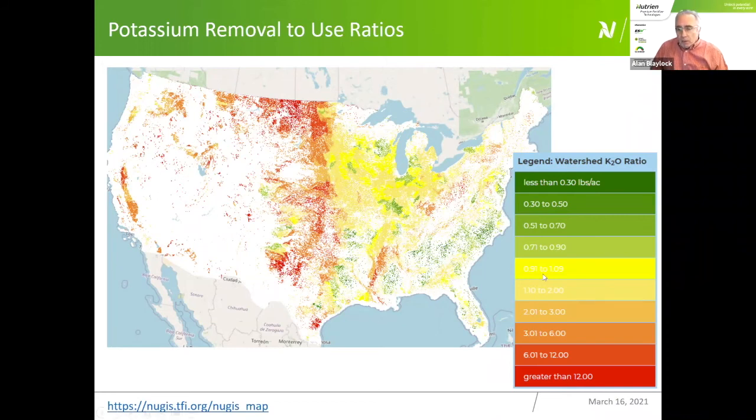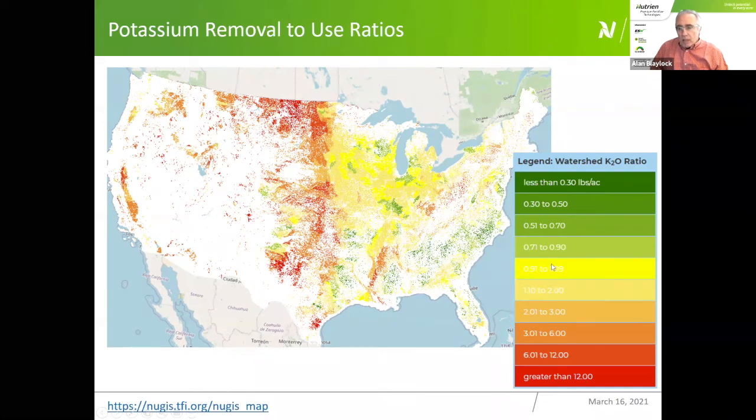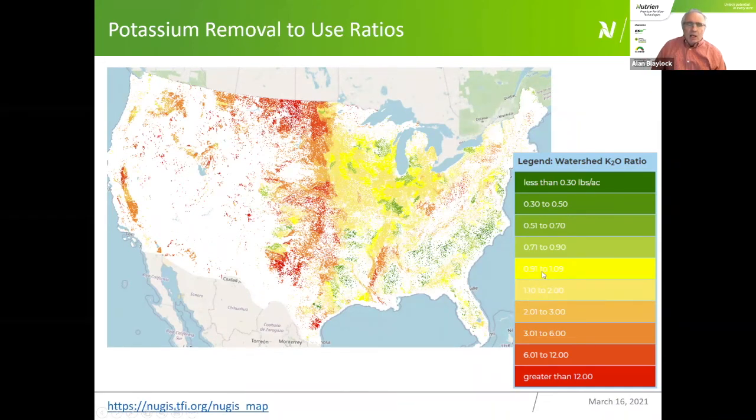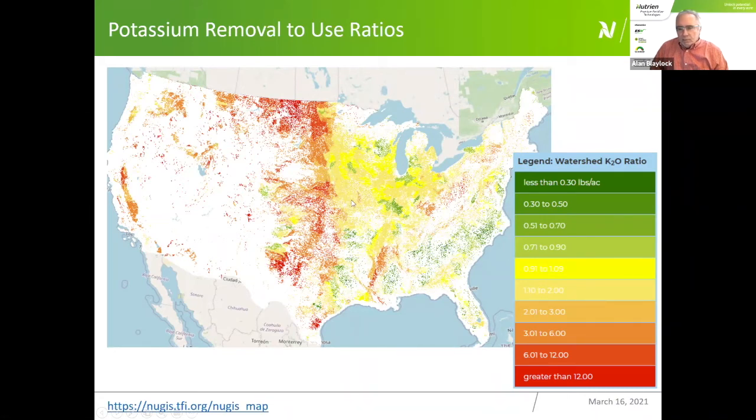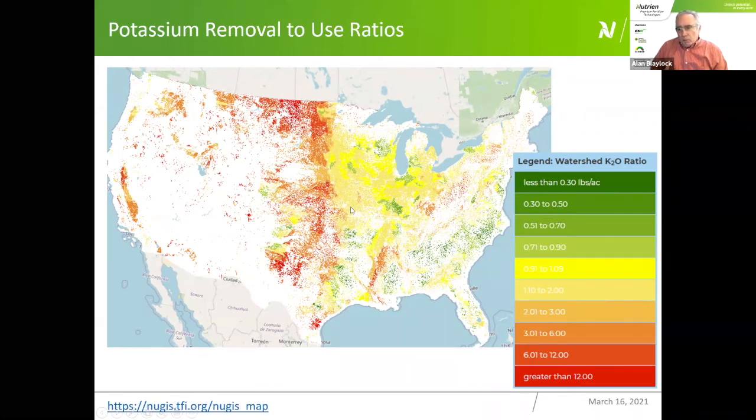Then here in the Corn Belt, these light yellow areas where we're approximately in balance, that's kind of hard to read, that's about our 1-to-1 ratio. And then the little duller yellow, the little bit darker yellow, there we're starting to move, removal is beginning to exceed the use of potassium fertilizer.